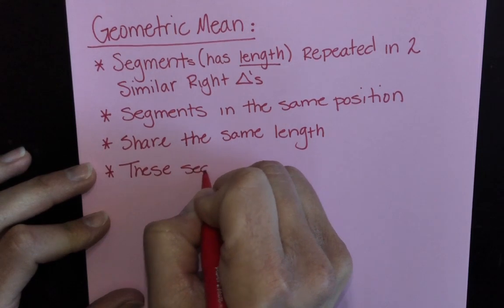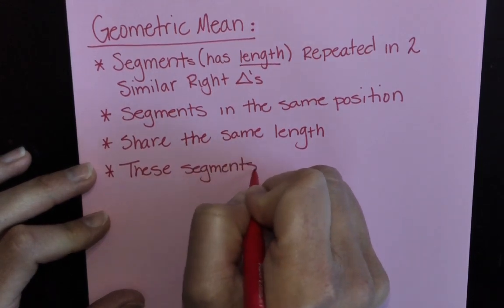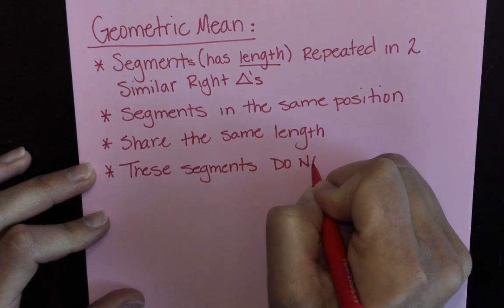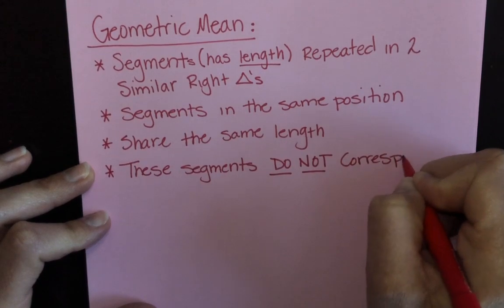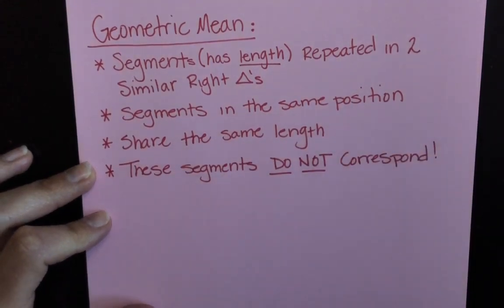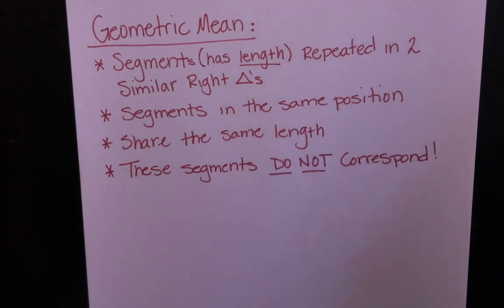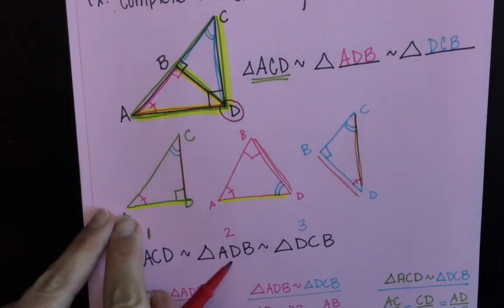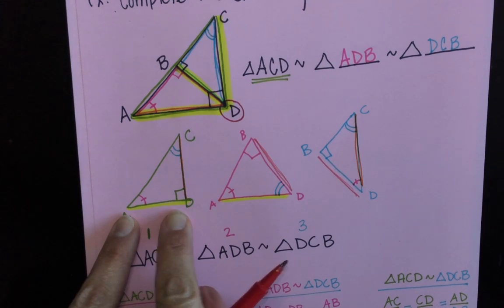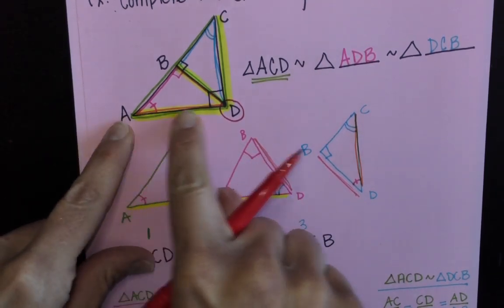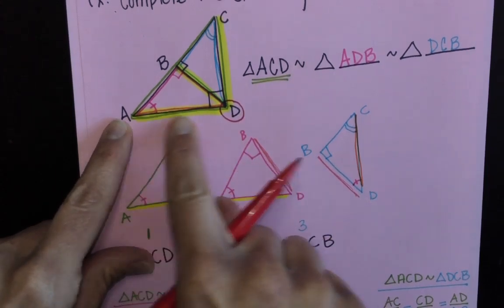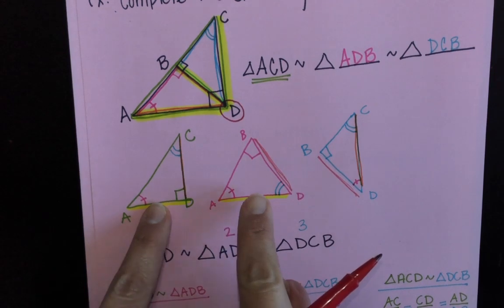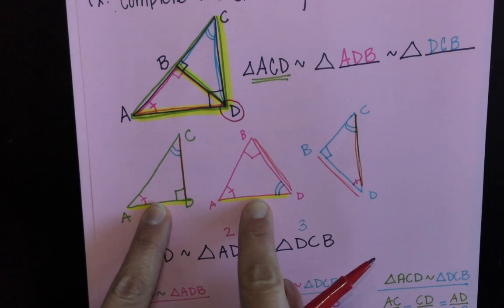But these segments do not correspond. Again, I'm going to come back to this picture very briefly. AD in this and AD in this, they are in the same position. They have the same length. They are shared sides because it's in this triangle and in this triangle at the same time, but they do not correspond.